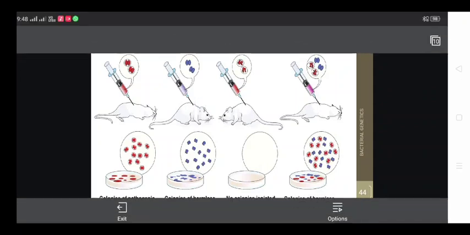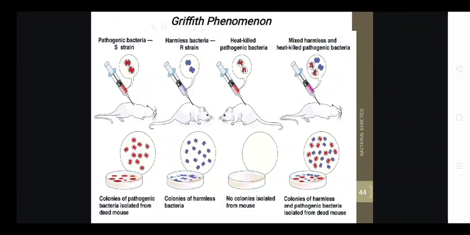When he injected the rough, non-capsulated strains, the mice did not get infected and stayed alive. Then he killed the smooth strains, the pathogenic bacteria, and injected them, and the mice did not die. But when he mixed the harmless rough strains with the heat-killed pathogenic bacteria and injected them, the mice died.